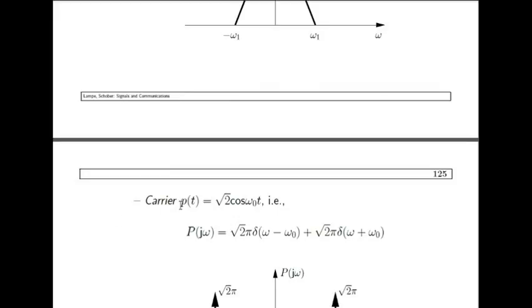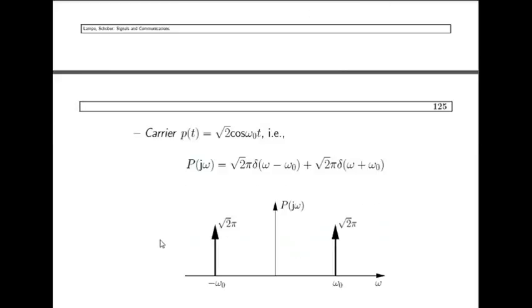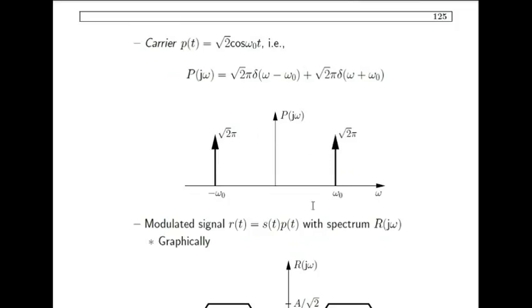I am taking the signal p(t) as root 2 cos(omega naught t). If I find the Fourier transform of this signal, I can find it with the help of the Fourier transform for periodic signals, which will look like this. And P(j omega) will look like this in graphical form.